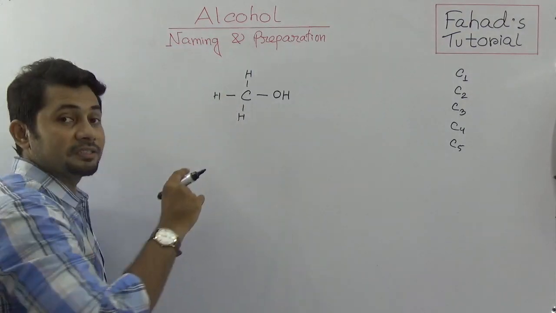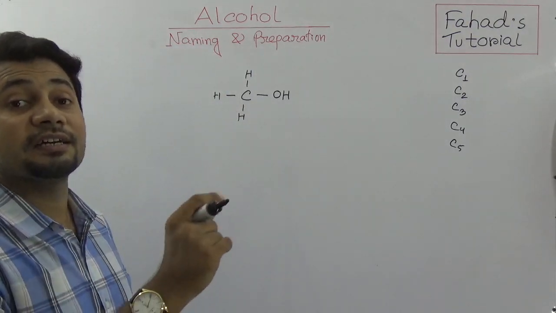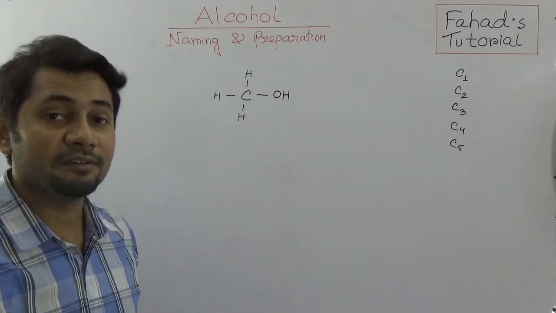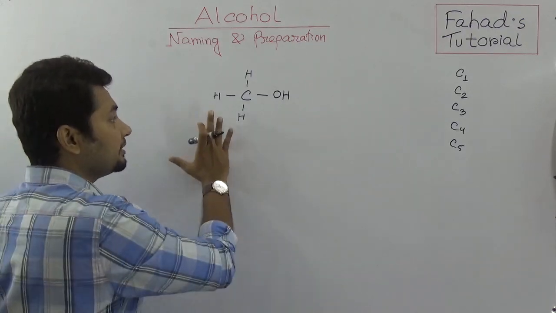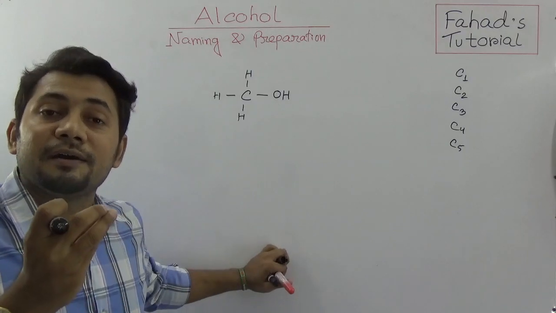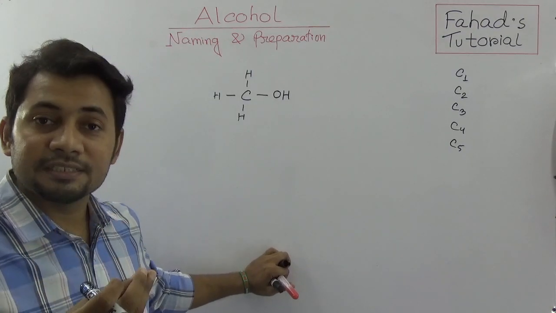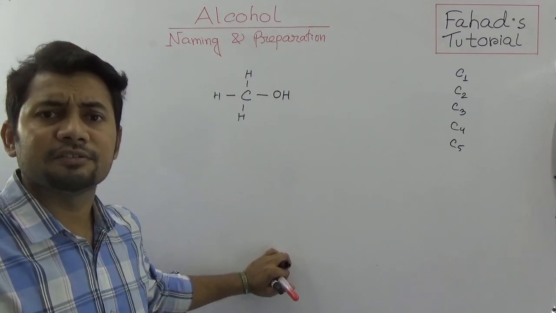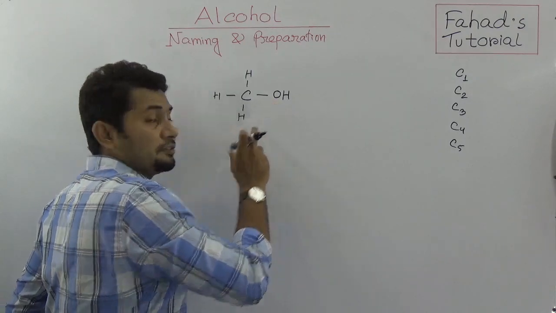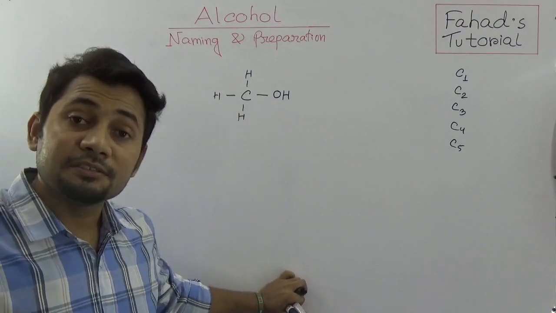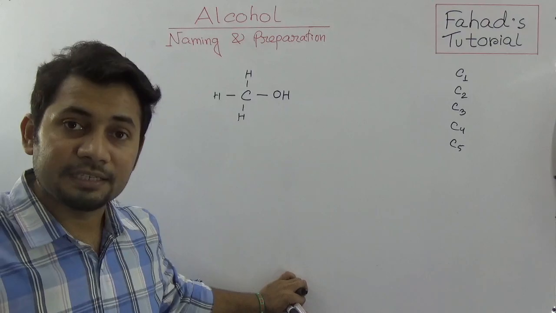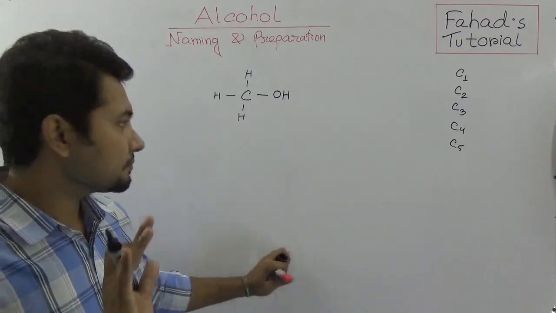So here we need to think about how many carbons are there in case of naming of alcohol. But the definition is that in saturated hydrocarbons or aliphatic hydrocarbon, if at least one hydrogen is substituted by one hydroxyl radical, then this is alcohol.